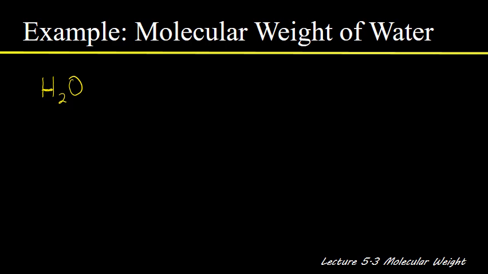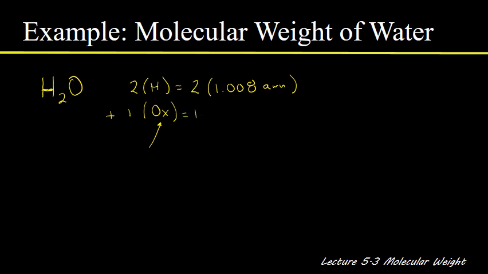And so for water, there are two hydrogens, and each hydrogen atom has an average mass of 1.008 atomic mass units, and there's one oxygen. When I'm writing this, I like to use Ox instead of O for oxygen, because if you write O, it just looks like 0. And the average atomic mass of an oxygen is 16.